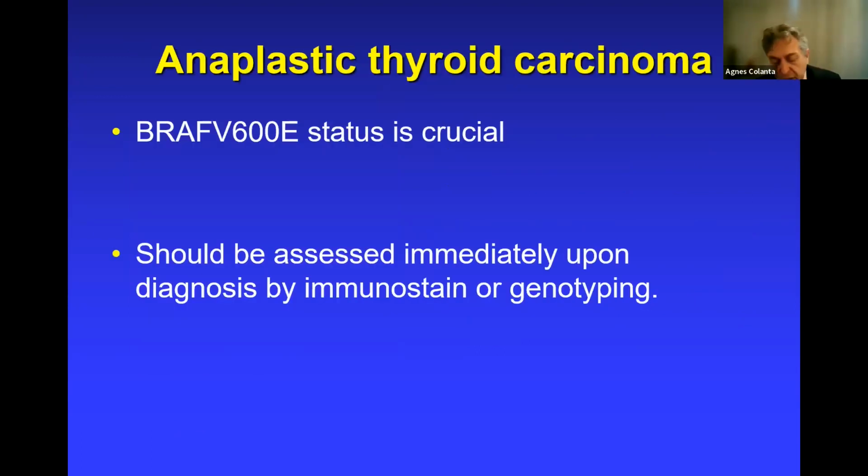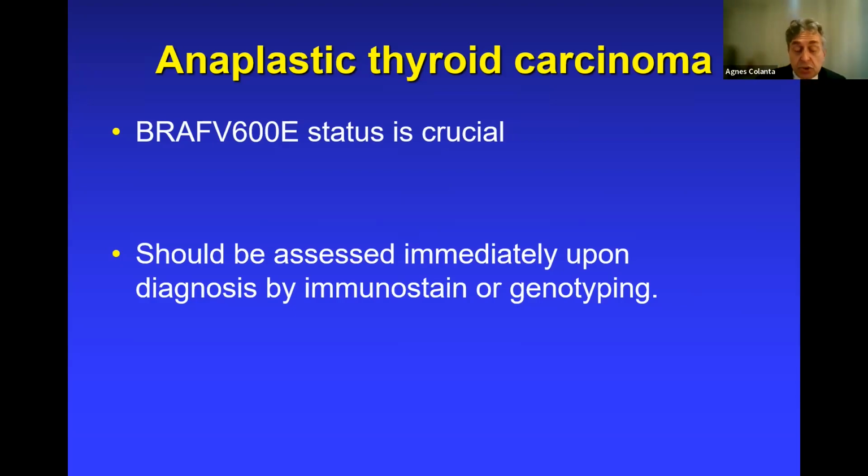Now, there is an important detail regarding anaplastic carcinoma that is not a classification issue really, but I really want to communicate to you because that has been a game changer in the treatment. Every time you have an anaplastic carcinoma, it's mandatory to check the BRAF status. It can be done using immunohistochemistry, which is quite rapid, or genotyping.